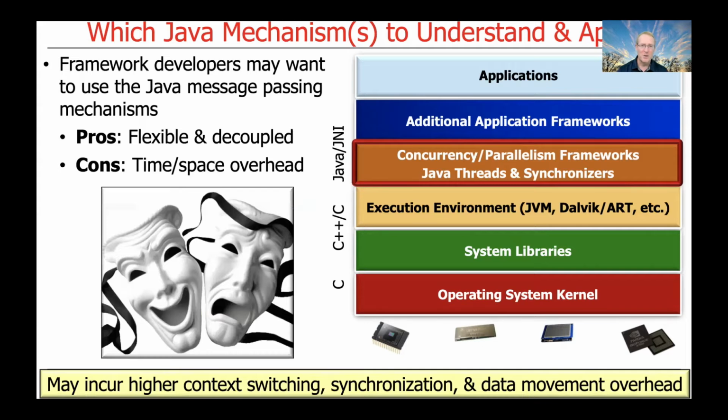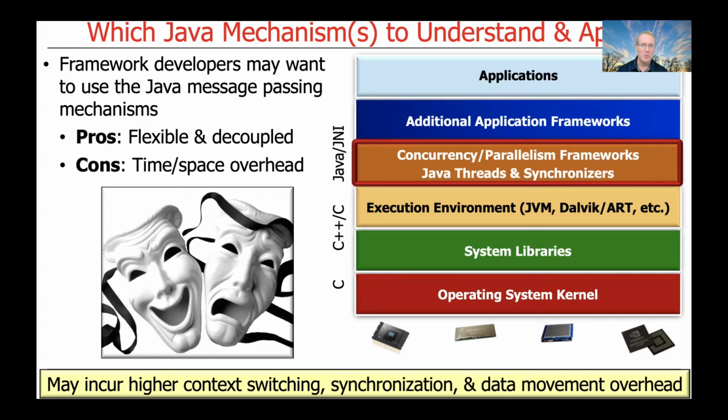The benefit of using message passing versus, say, shared objects is that they're flexible and they're decoupled because you don't have to worry about locking. You're typically not having threads access shared mutable data directly, but instead they're passing messages by some thread safe or synchronized message queue. The downside is that there's a bit more time and space overhead by doing this kind of coordination and interaction rather than using the shared objects directly.